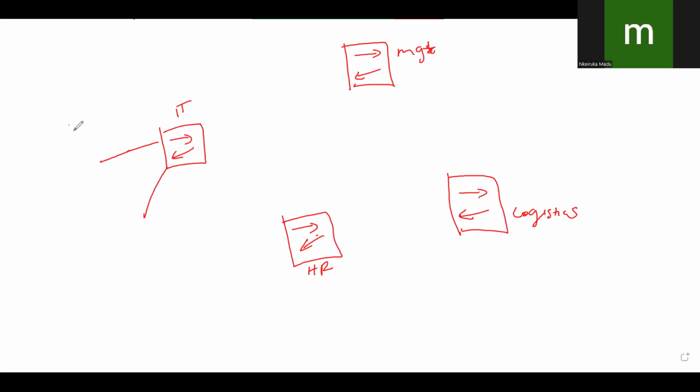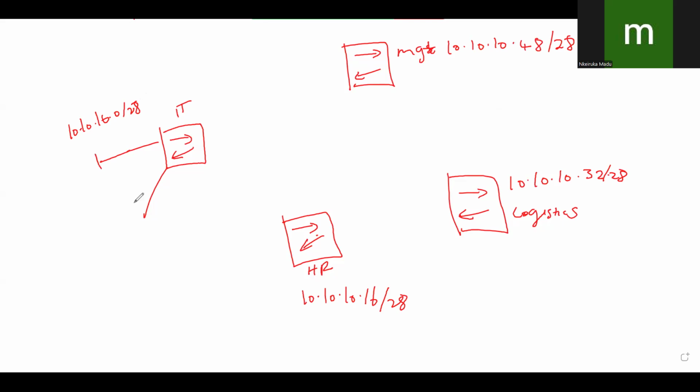This one's IP was 10.10.10.0/28. This was 10.10.10.16/28. This is 10.10.10.32/28. And this is 10.10.10.48/28. So we've assigned 2 computers to each of these networks.